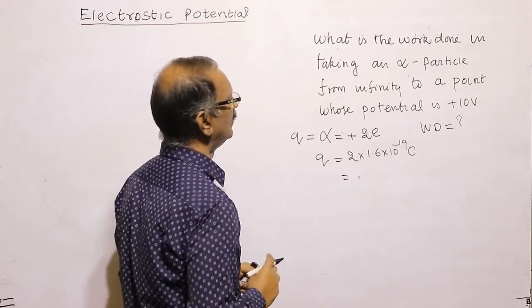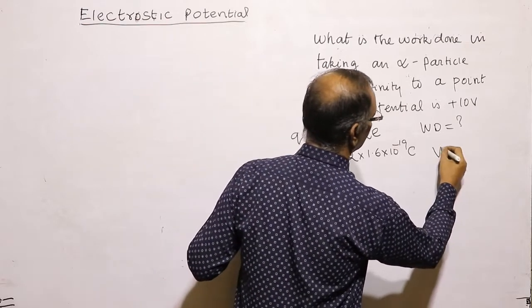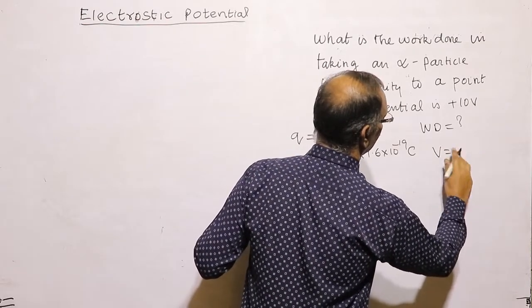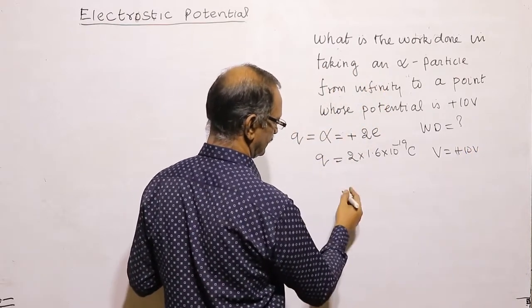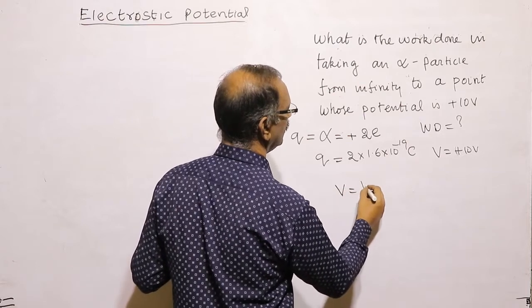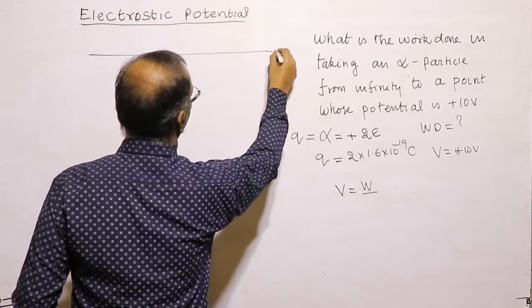okay, alpha particle from whose potential? Potential is given as plus 10 volt. Already we have discussed that potential is equal to work done in bringing. See, potential means what?